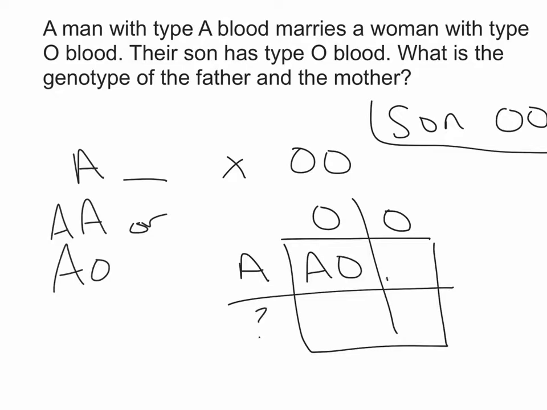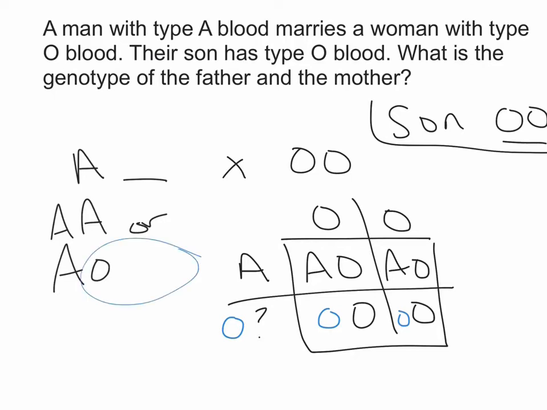So we can fill in the Punnett square with this information, and then we look at what we know of the son's genotype. For us to be able to get a child with type O blood, the father has to have an O allele to give to his kids. This means that dad has to have the genotype of AO, so he is heterozygous for type A blood.